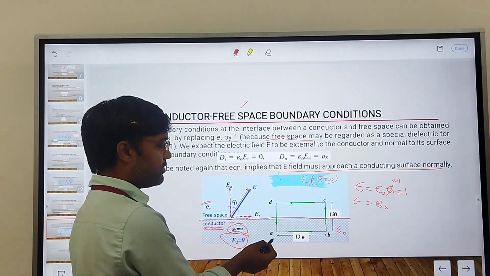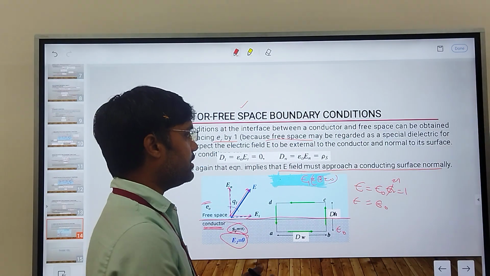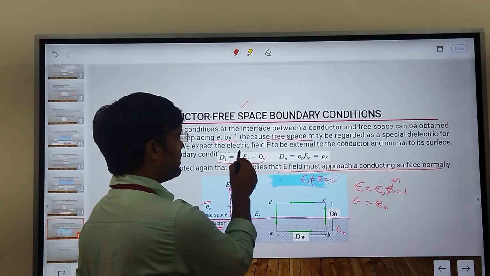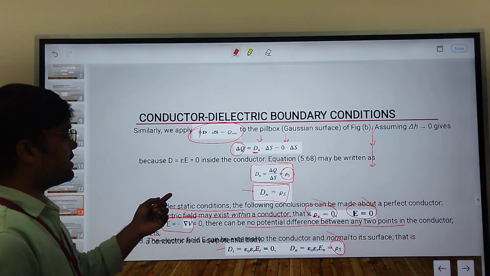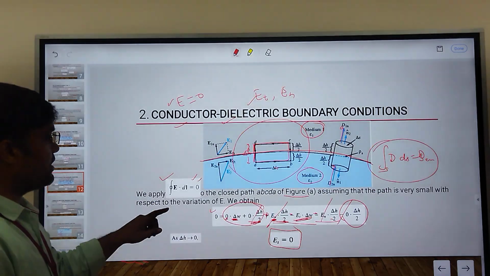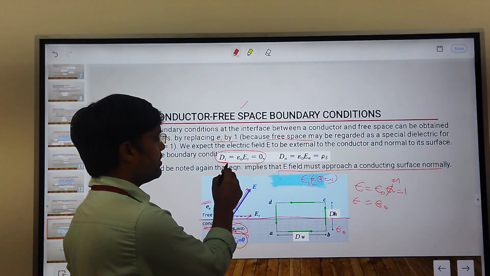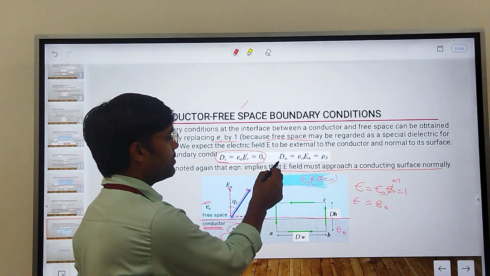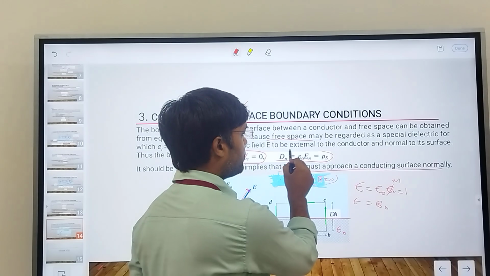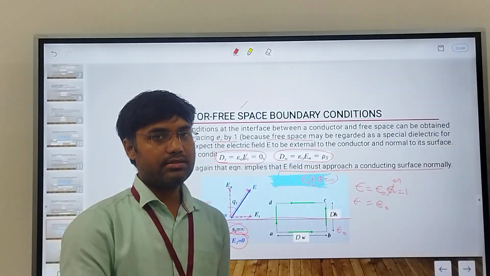So D_t equals epsilon naught E_t equals 0, which we derived in the previous section for the conductor condition, because E_t will also be 0. The normal component is equal to the surface charge density on that surface.